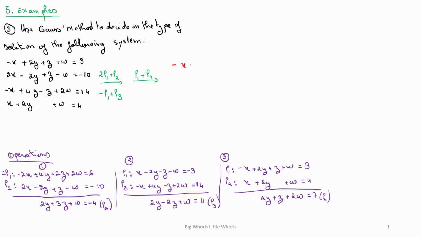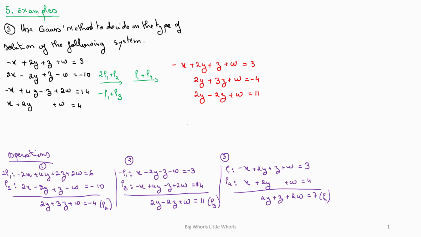So minus x plus 2y plus z plus w equals 3. Our new row 2 is 2y plus 3z plus w equals minus 4. Our new row 3 is 2y minus 2z plus w equals 11.